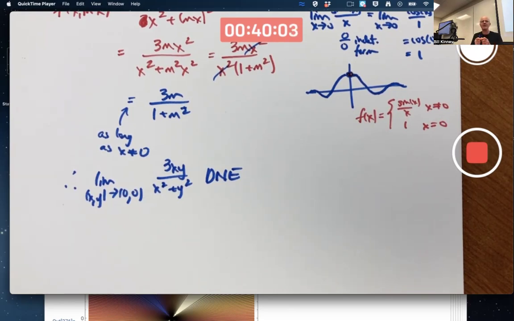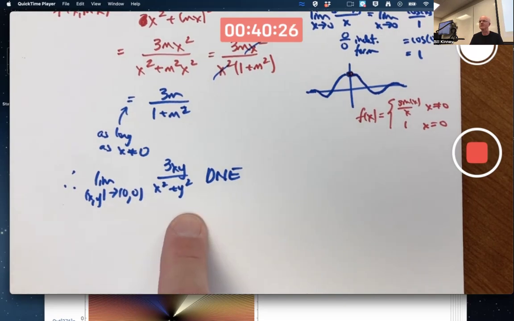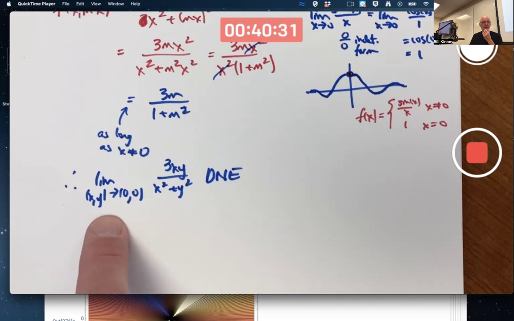In the 3D graph, we saw some sort of weird folding going on with the graph, indicating that something weird's going on. And in the contour plot, it's a little bit more clear. Along any line heading toward the origin, you had different shading, light versus dark, different output values, different limiting values. So the overall limit doesn't exist.